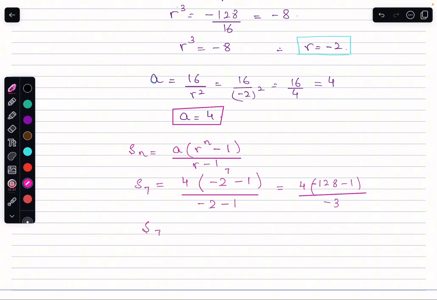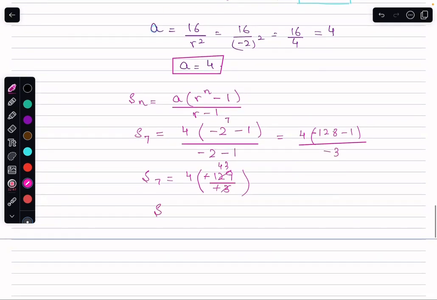Or I can say S7 shall be equal to 4 times negative 129 divided by negative 3. Solving it, it's 43 here. So my sum for the 7 terms comes out to be 4 times 43, or I can say my sum for 7 terms equals 172 here. So this is going to be the answer for this question.